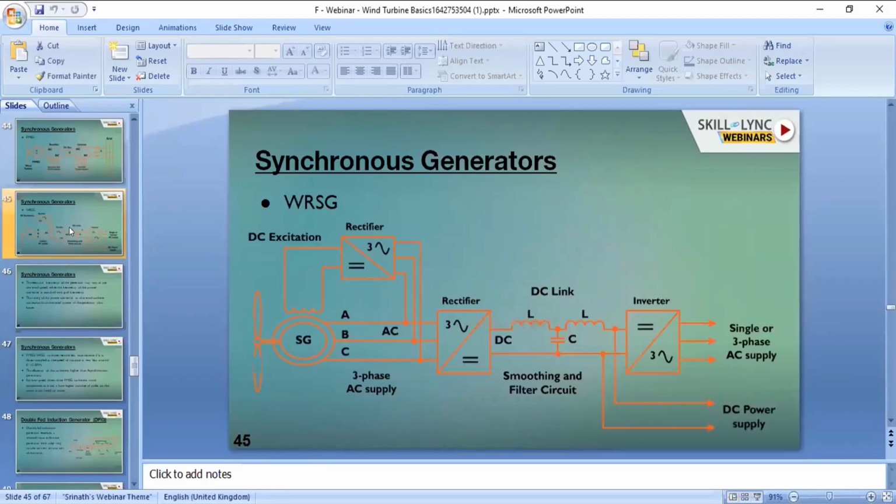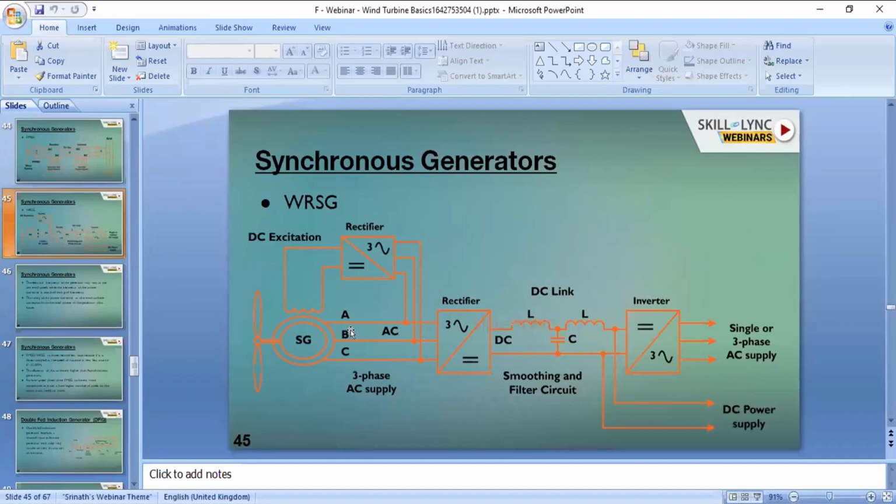So this is again a synchronous generator. The only difference is that instead of a permanent magnet, here the coils which are mounted on the rotor are being excited. DC excitation is given from an external circuit.